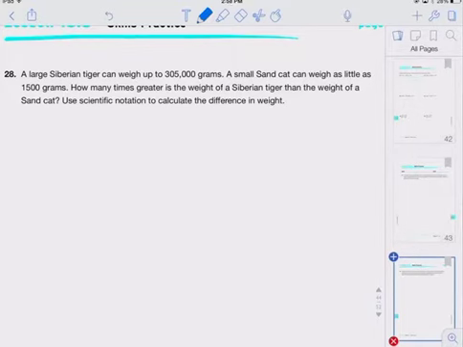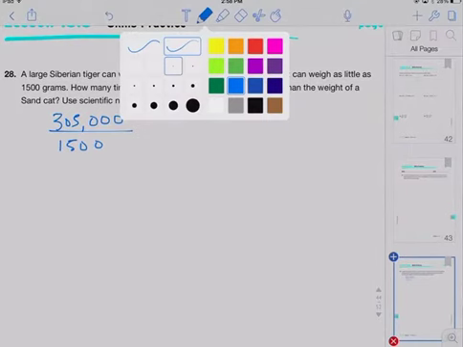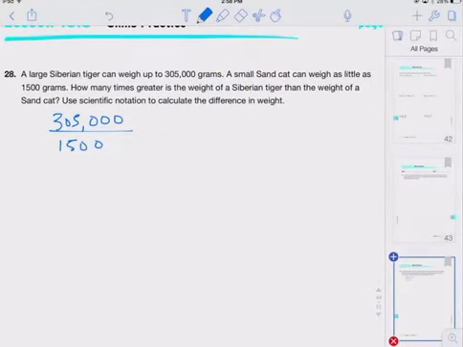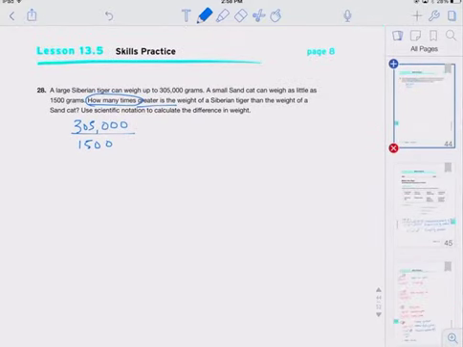How many times greater? So let's see. You would divide 305,000 over this much. So we don't forget, like I forget to write it in a sentence. How many times greater is the weight of the Siberian tiger than the weight of the sand cat? So you have to start with an answer.